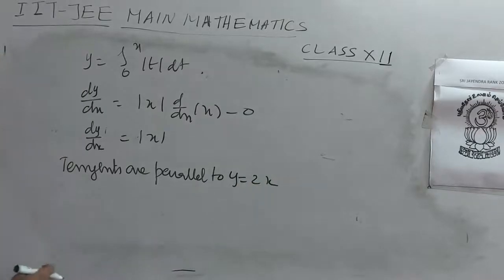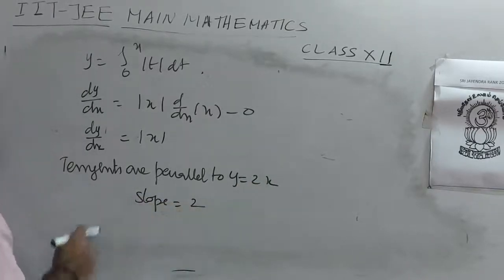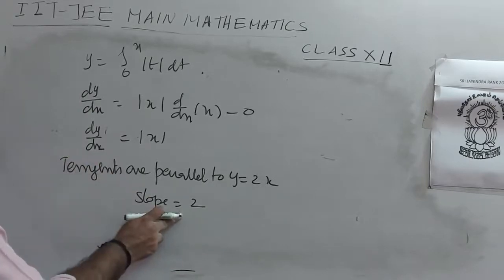Tangents are parallel to y equal to 2x. Slope equal to 2, therefore dy by dx should be equal to 2.